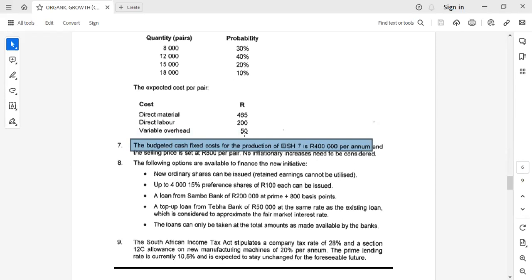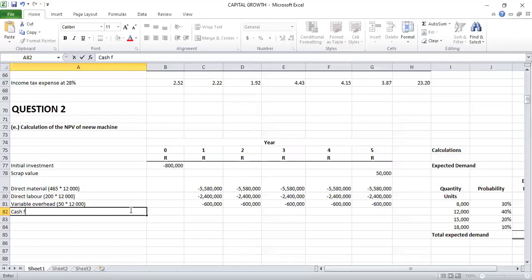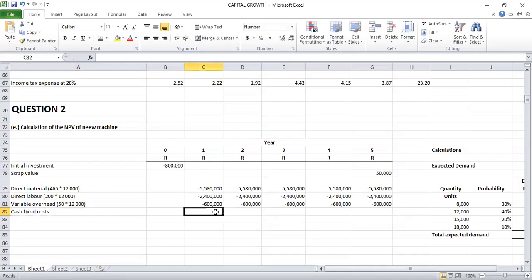But in this case, they specifically mentioned that these are cash fixed costs. That means they don't include non-cash items. So we take them as they are, that means cash fixed costs, 400. Right.